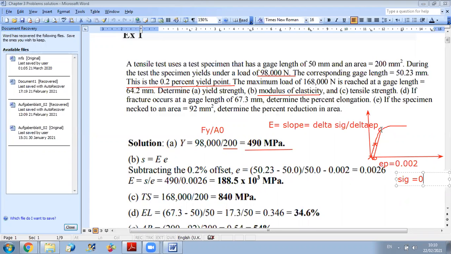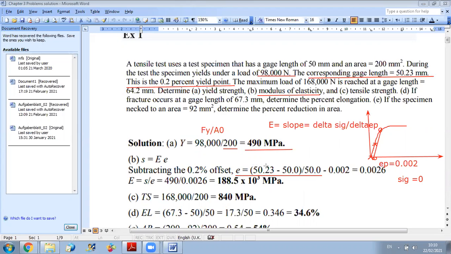And for this point, we already calculated the yield strength. And we can calculate epsilon if we know the corresponding gauge length. We know that the corresponding gauge length at the yield point is 50.23 millimeters. So all we have to do now to get epsilon at this point is to apply the formula that epsilon at yield is L final minus L0 over L0.